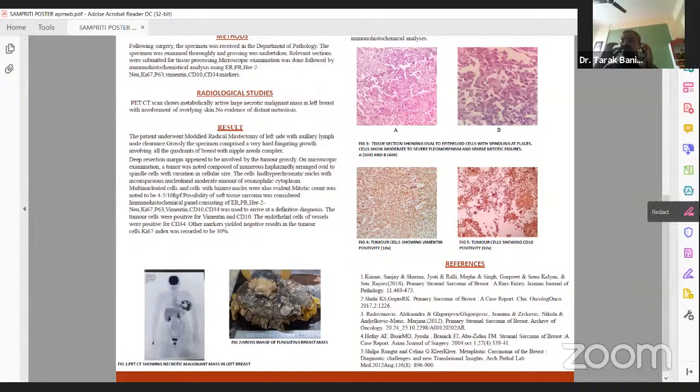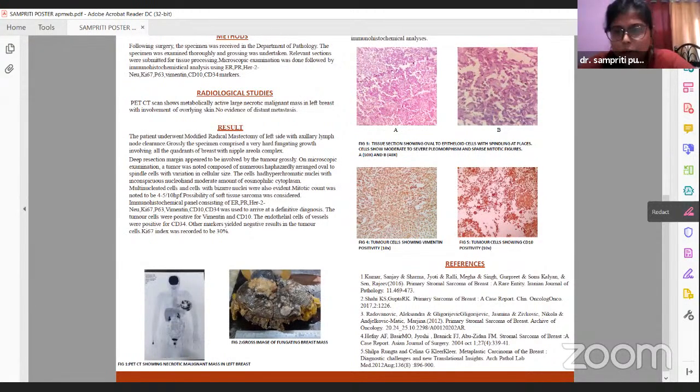8 sections. What is the size of the tumor? Sir, size of the tumor is 7 centimeter in maximum dimension. Okay. That is the problem, that we could take as many sections. It could be a case of phyllodes tumor because it is more likely than having a small sarcoma.